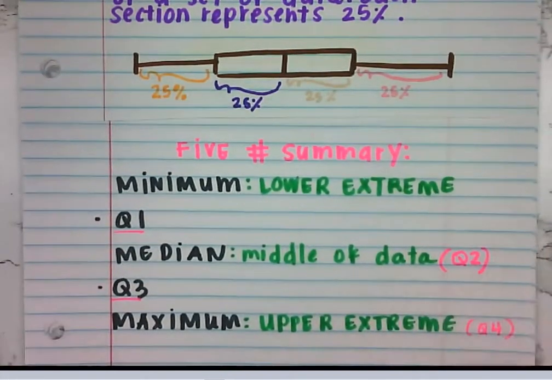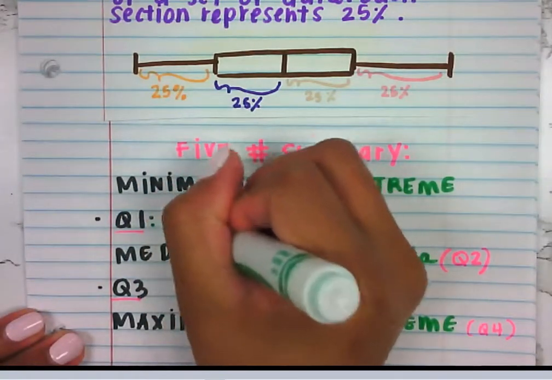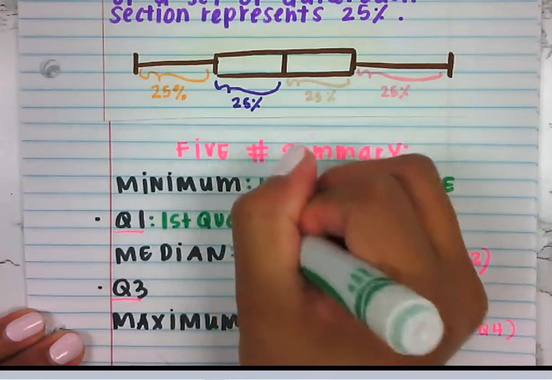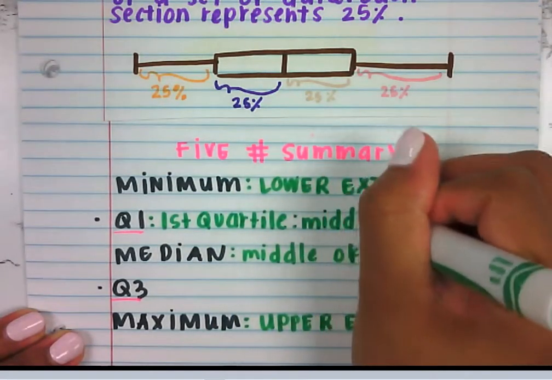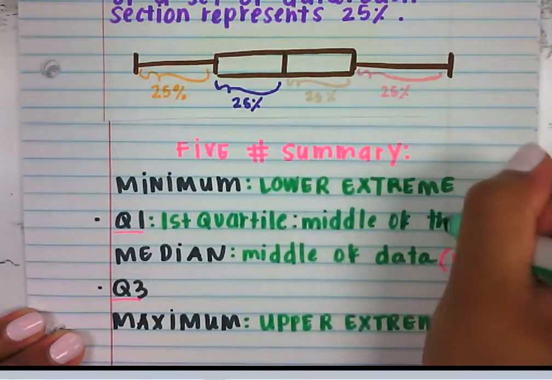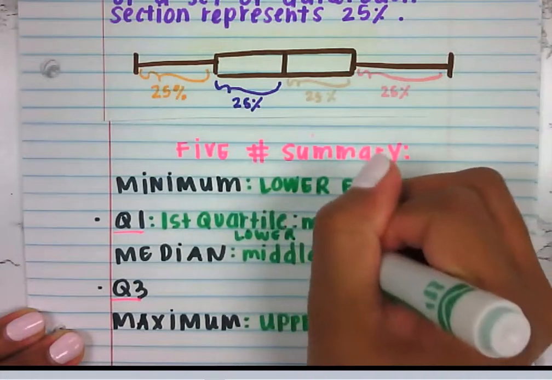Well, moving on. We have our quartile 1 and our quartile 3. Now, you may ask yourself, what in the world is that? So I'm going to tell you. Your quartile 1 is also referred to as your first quartile, and it is the middle of the lower half.